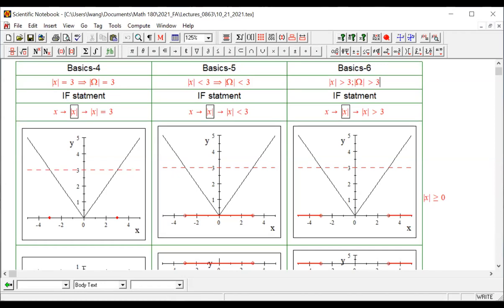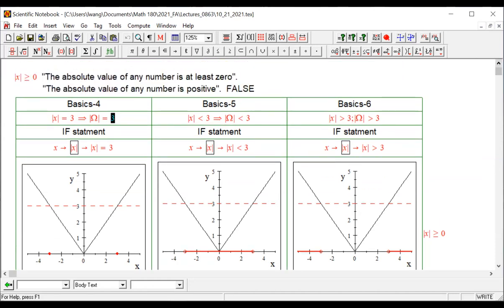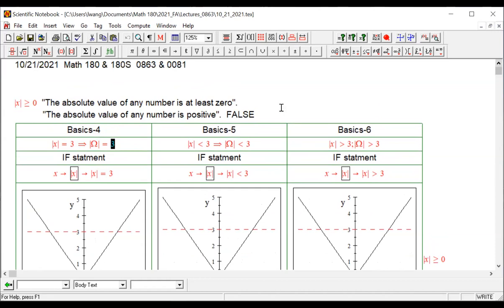3 is just an example. It could be 4, it could be -5, could be all kinds of things, and then you have to see the nature of the question. In the case the number is negative, we have discussed that.